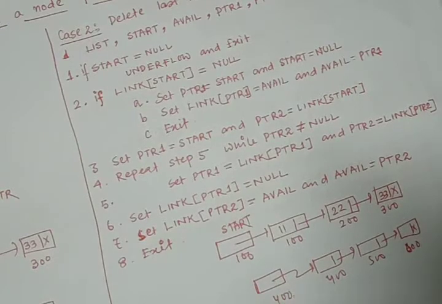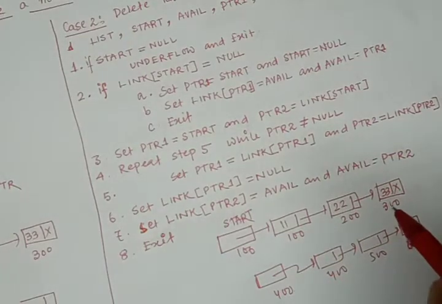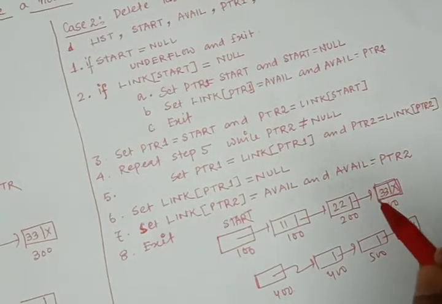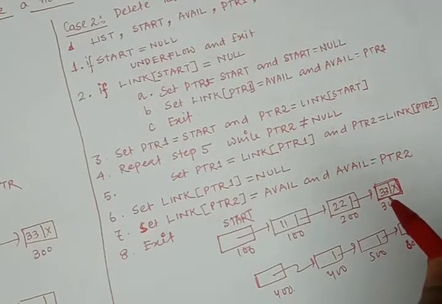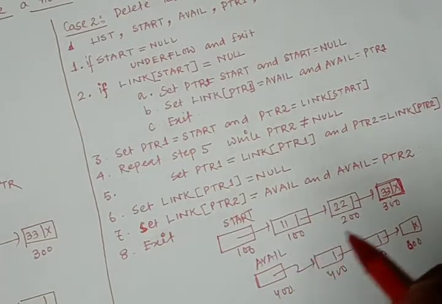Now with the help of this algorithm, we will delete this node from the used list, and we have to bring back this node to the available list. So how can we do this?